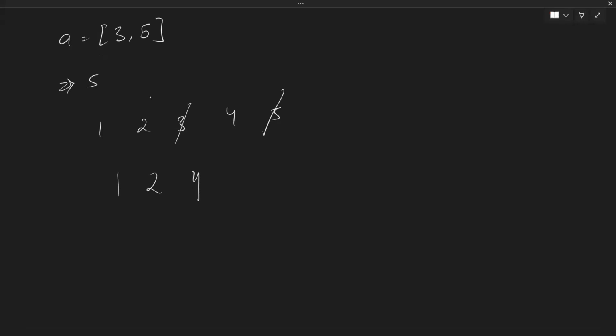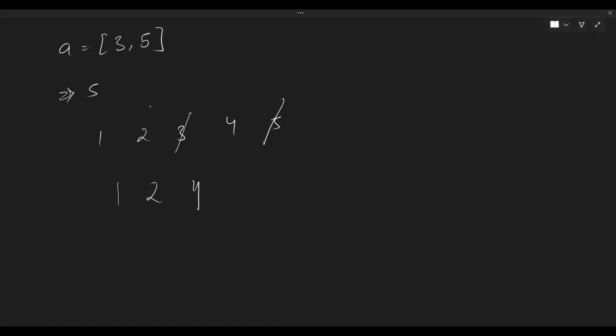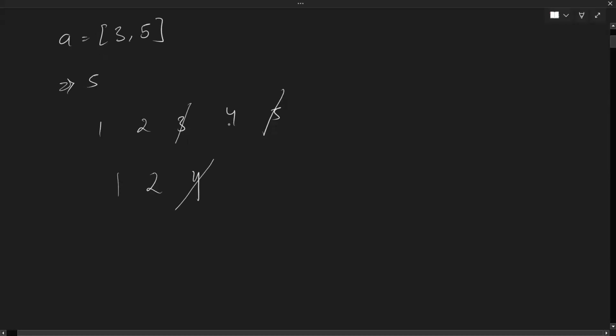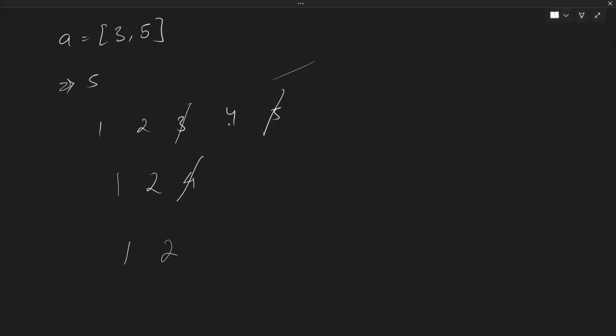Next, again, the third and fifth players will be removed. But now we don't have any fifth player, so only the third player will be removed. The fourth player is now at the third position, so this one is removed. Now we have 1, 2. Again, the third and fifth players will be removed, but there is no third or fifth player anymore.